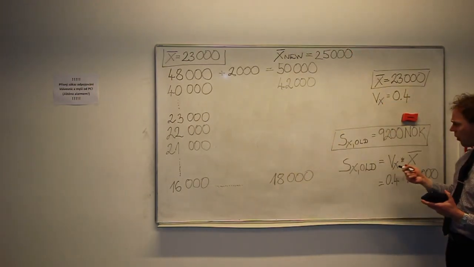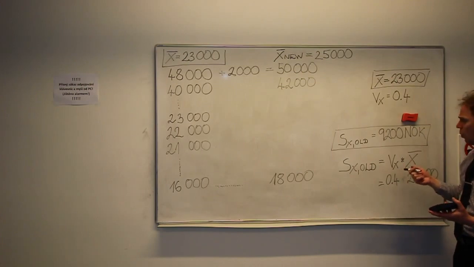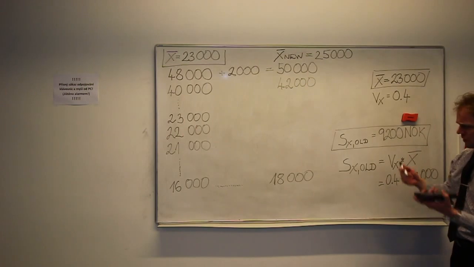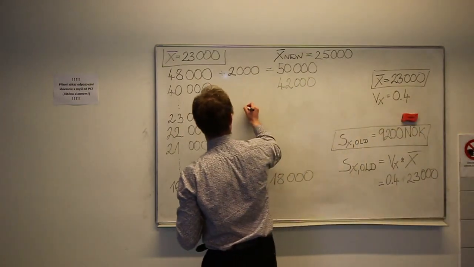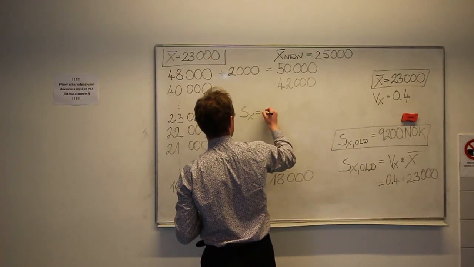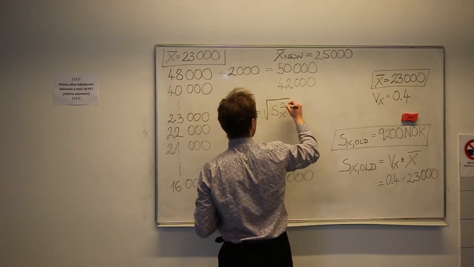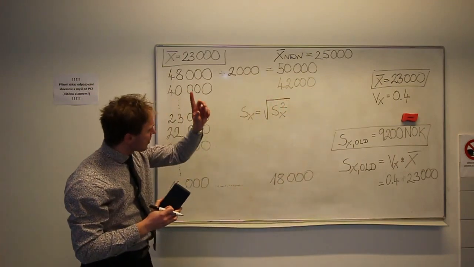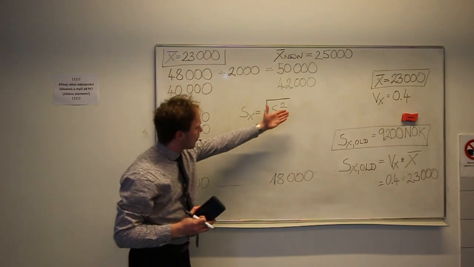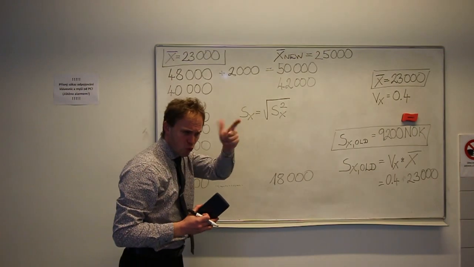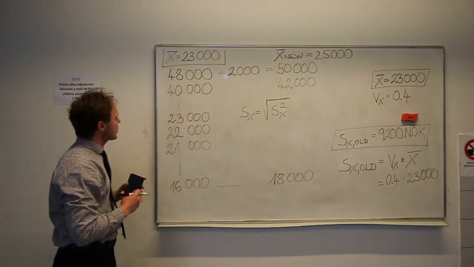Okay, so what happened with the standard deviation? We know that the standard deviation is calculated as the square root of the variance. And do you remember our example with changing of variance and our two important definitions?